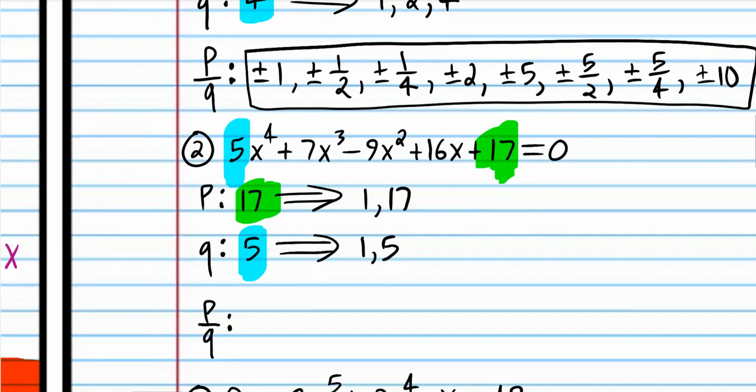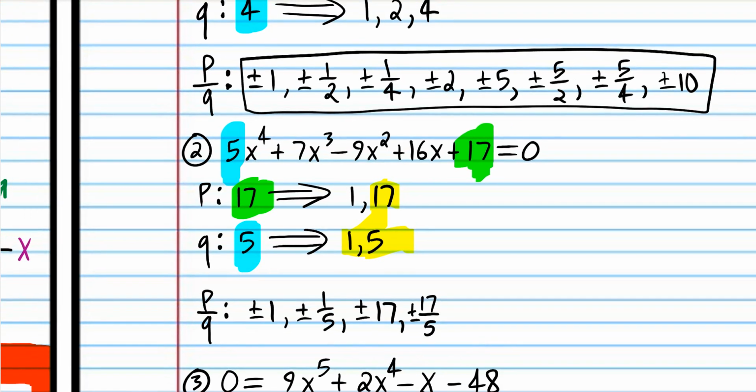And so let's divide. 1 divided by 1 is 1. 1 divided by 5 is 1/5. And 17 divided by 1 is 17. And 17 divided by 5 is 17/5.